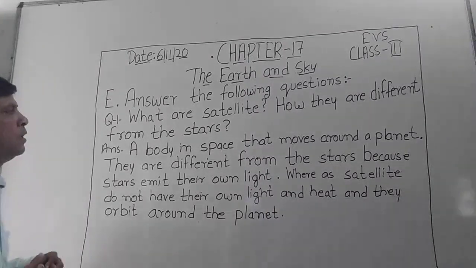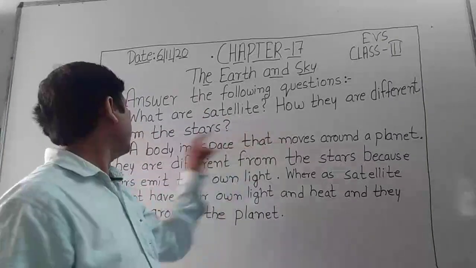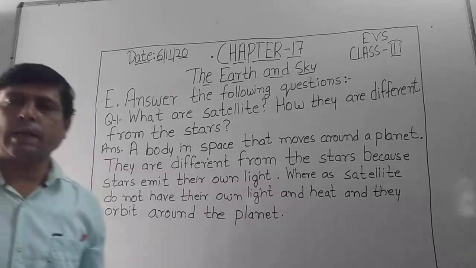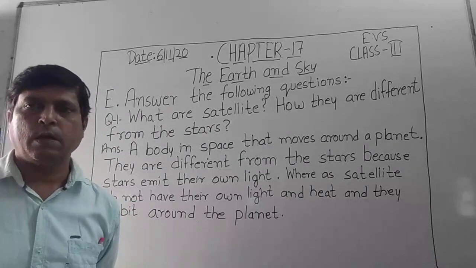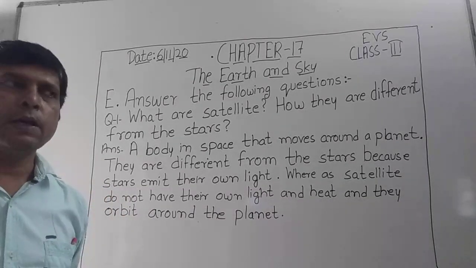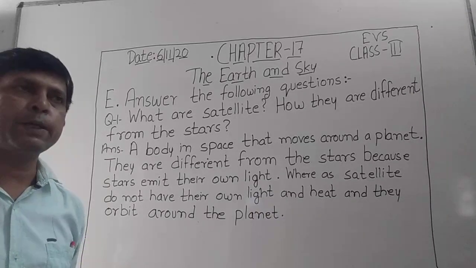See students, what are satellites? How are they different from the star? Satellites are also in space. For example, in the solar system, the sun is the star and there are 8 planets.